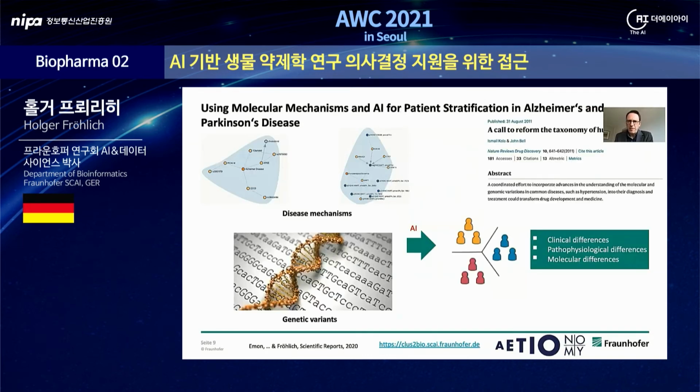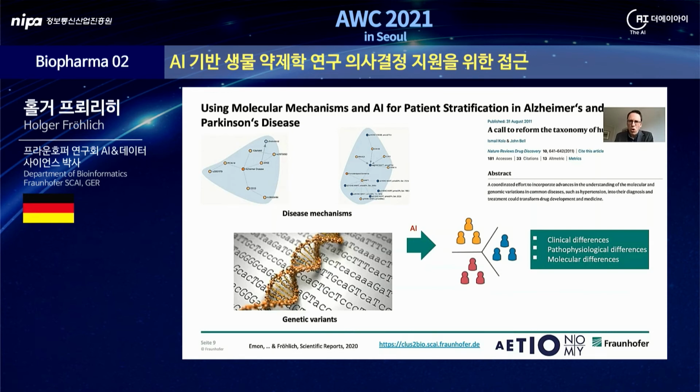The second step of our strategy comprises the stratification of patients into homogeneous subgroups. As one pillar in this strategy, we focus on molecular mechanisms. This is because it is now commonly believed that the purely phenotype-based definition of diseases stemming from the 19th century is likely outdated and should be replaced by a definition of diseases and disease subtypes based on molecular mechanisms.